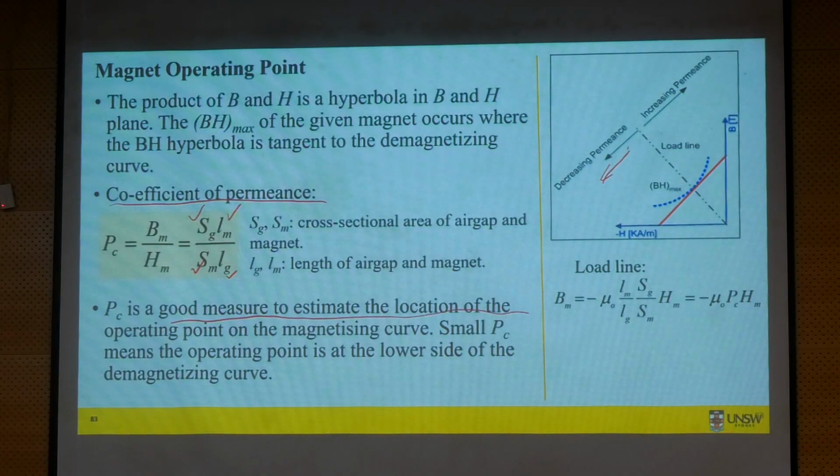Yes, it is always in the second quadrant because once it is magnetized, this is your property. So it's always here, if it's a conventional design. There are designs, they call it flux modified design, a new type of motor they are proposing where they don't use neodymium iron boron.